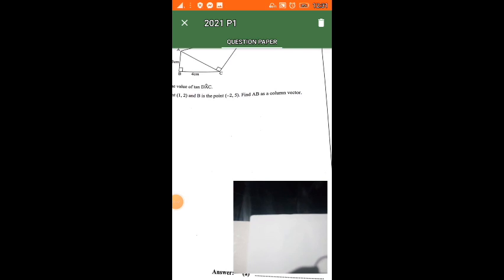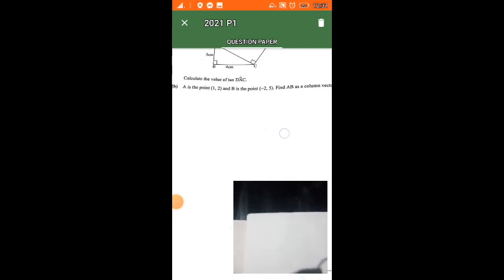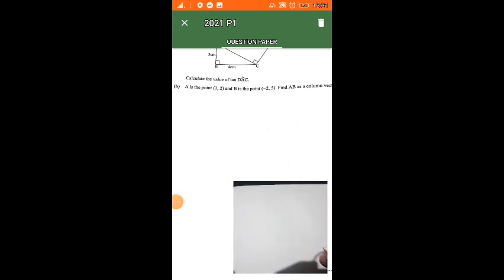So in this question, they're saying A is the point 1, 2, and B is the point negative 2, 5. Find AB as a column vector. Since you know the values of the coordinates A and B, this is question 21.